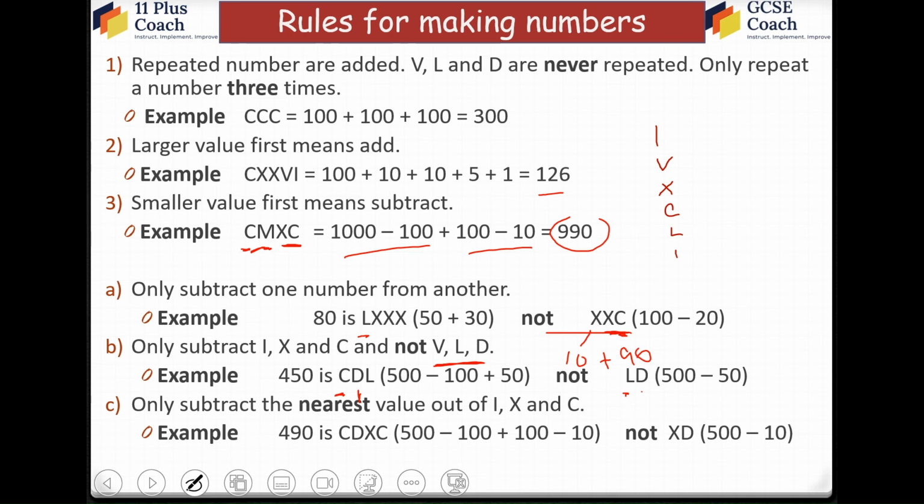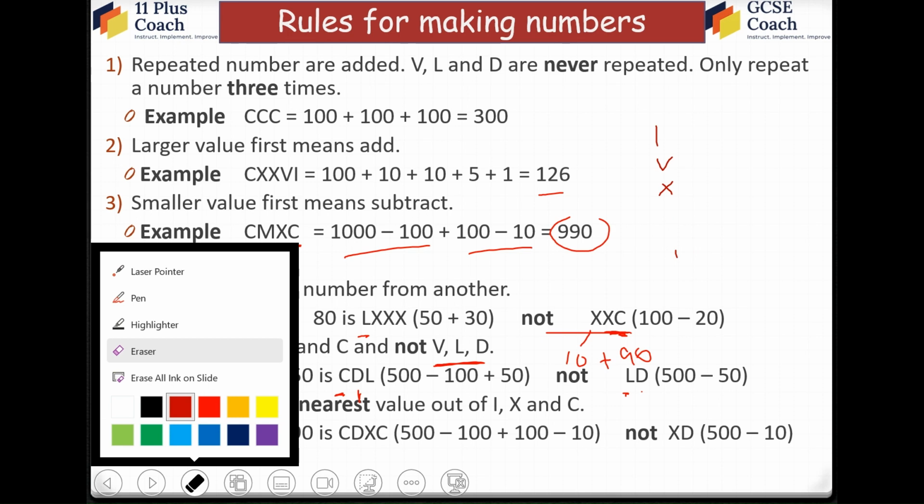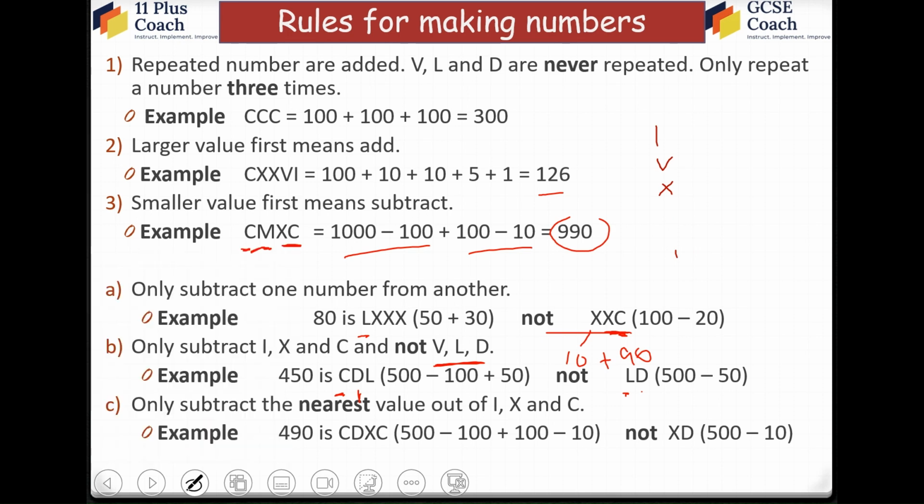It's L before C. So it's X 10, then it's 50, then it's 100 C, then it's 500, then it's 1,000. So what this rule means is only subtract the nearest value out of I, X, and C.